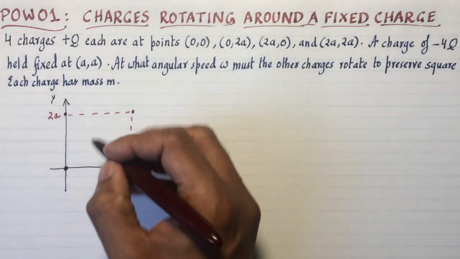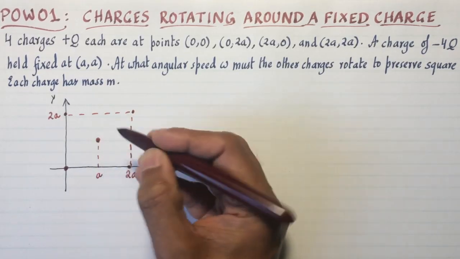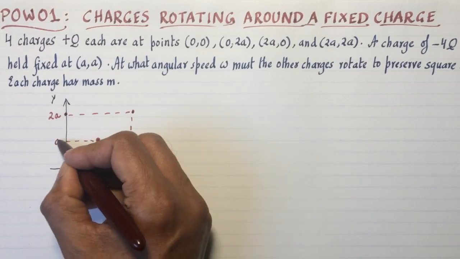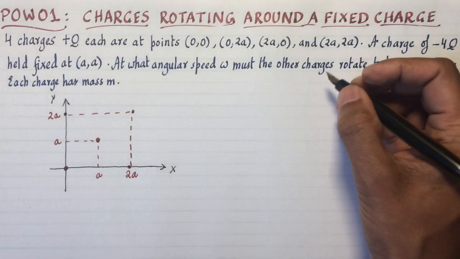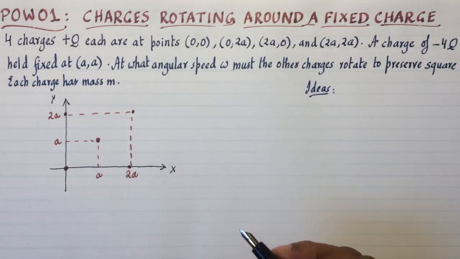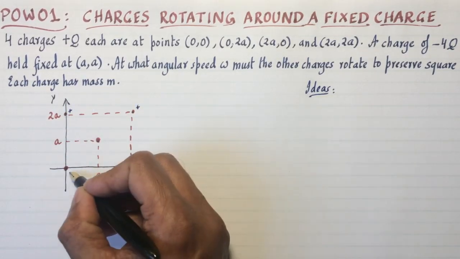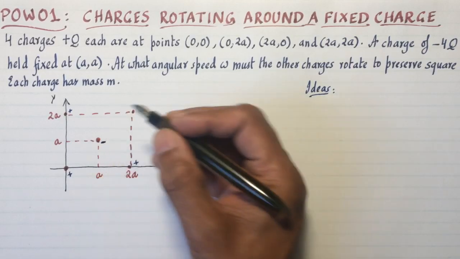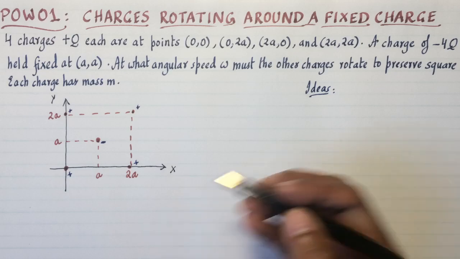Now you also have the negative charge right in the middle, like that. So the basic ideas of this problem are the following. You have to use the fact that unlike charges attract. So if this has a negative charge and that's a positive charge, there's going to be an attraction.